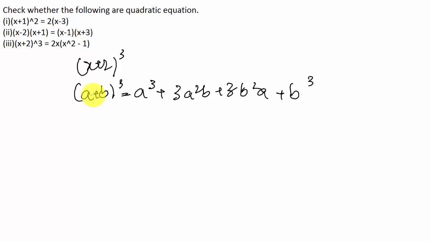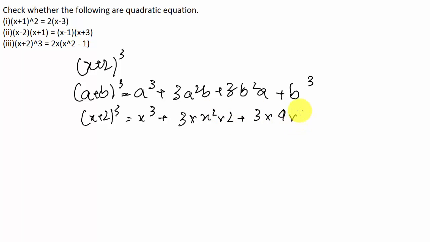So x plus 2 whole cube is equal to x cube plus 3 into x square into 2 plus 3 into 4 into x plus 8, that is 2 cube, which is equal to x cube plus 6x square plus 12x plus 8.